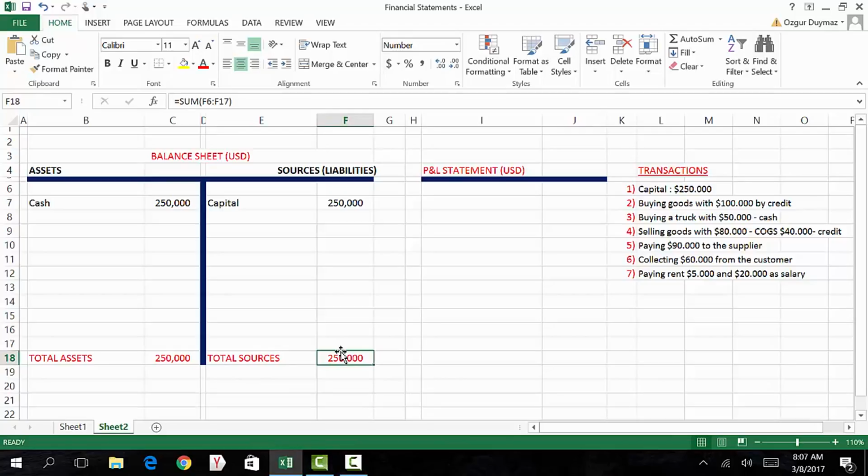After that, the company buys trade goods to sell with supplier's credit. The amount is $100,000. As you know, $100,000 goes to inventory on the balance sheet, but we have not paid yet. What should we do? This is inventory. This is $100,000, but we haven't paid yet.